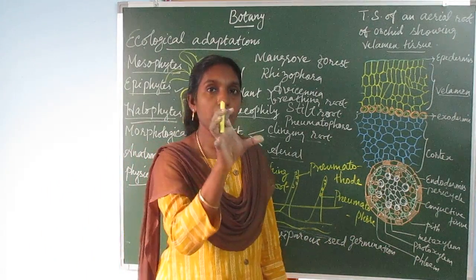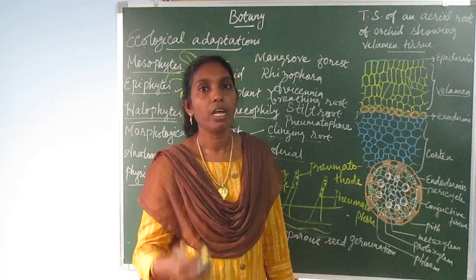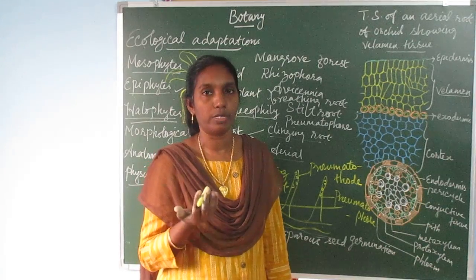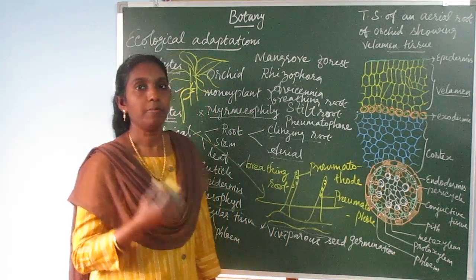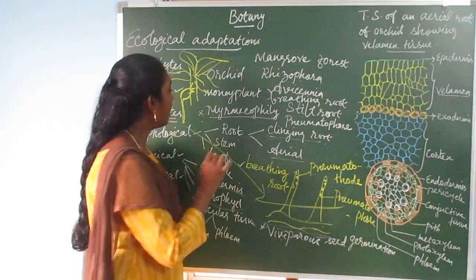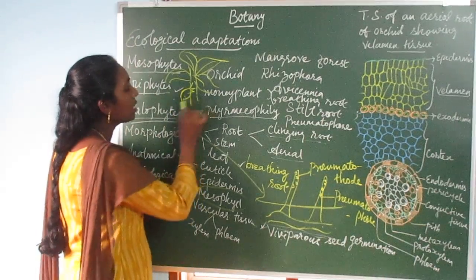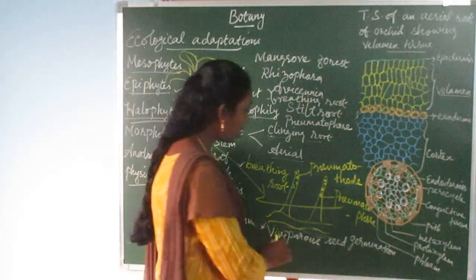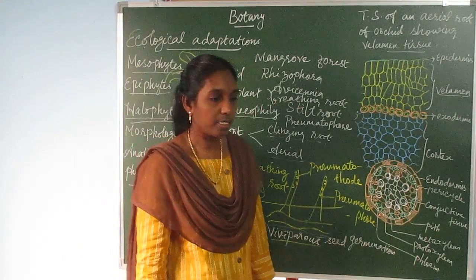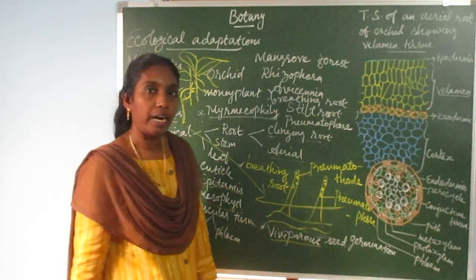As soon as it falls in the mud, it immediately grows, developing the stem, the root and the remaining parts. The radicle is already developed within the fruit itself. This type of seed germination is called viviparous. So these are the morphological adaptations.